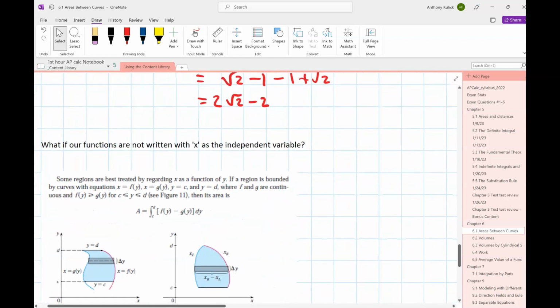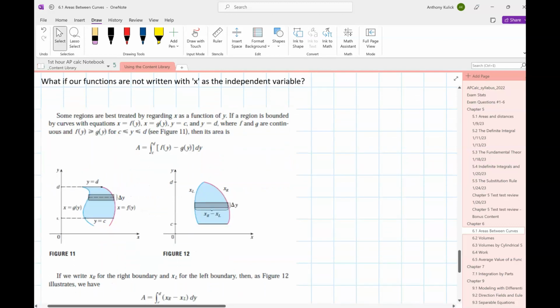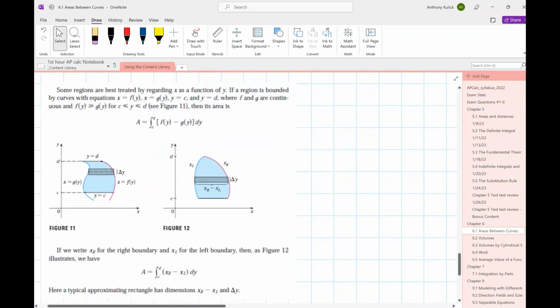All right. Last idea. What if these functions aren't written with x as the independent variable? What if y is written as the independent variable? No, man, we'll just integrate with respect to y. Right?